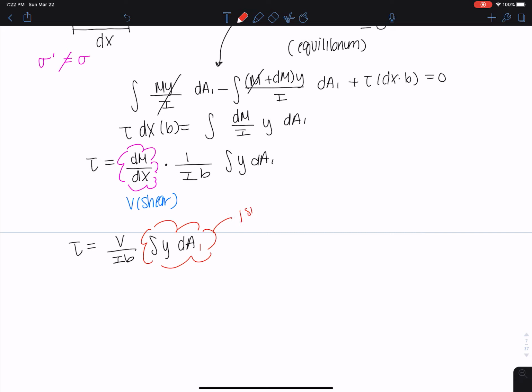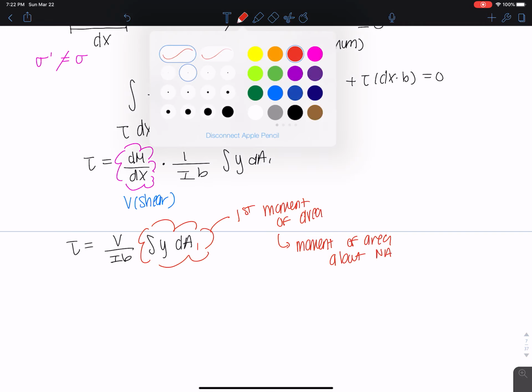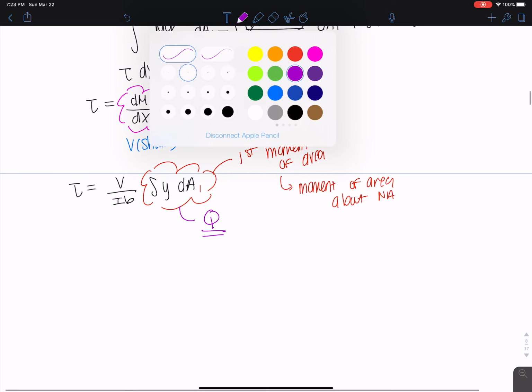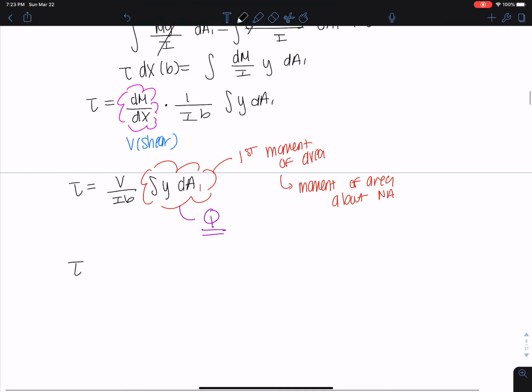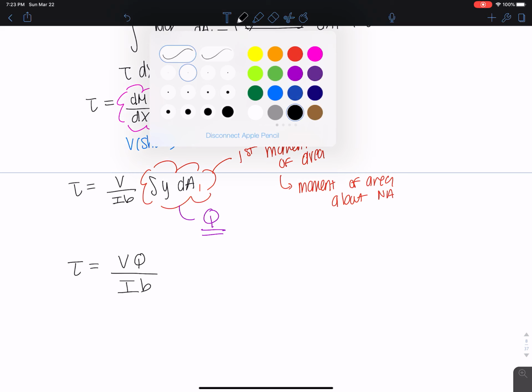And this here is the first moment of area. It's the moment of area about the neutral axis, and we give this a symbol Q. We call it Q. Let me write out our final formula: tau is equal to VQ over Ib, and this is our shear stress formula.